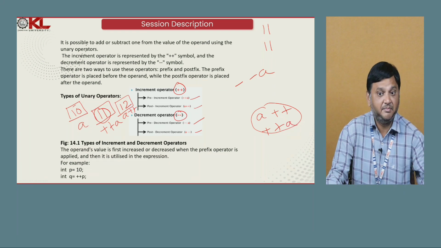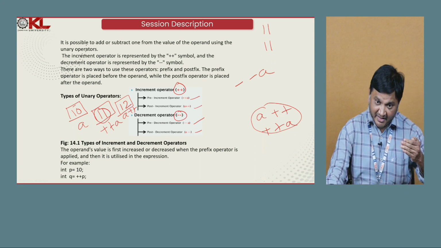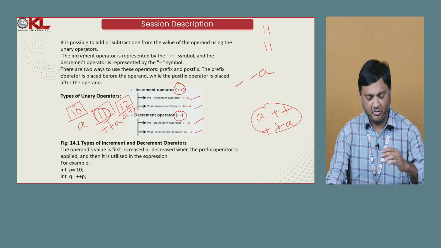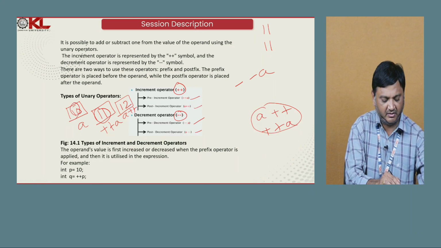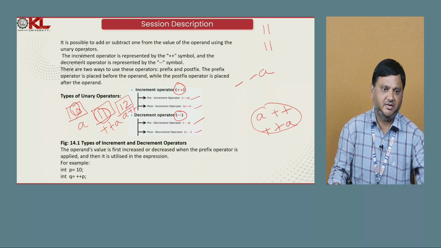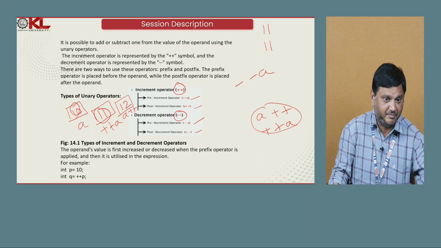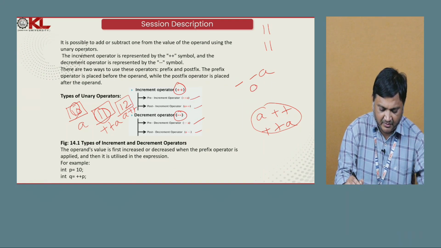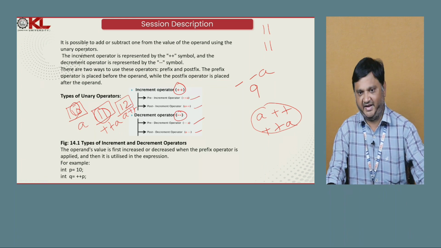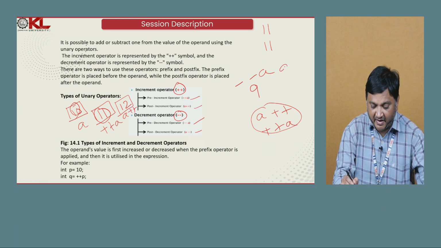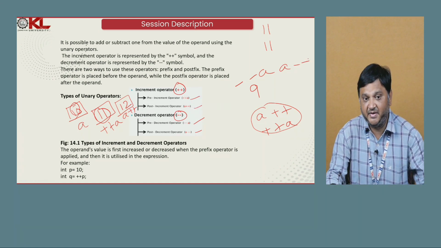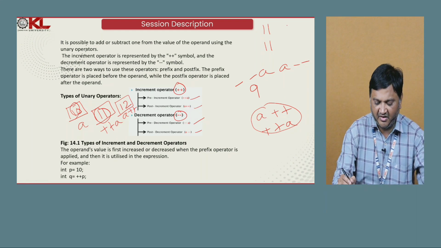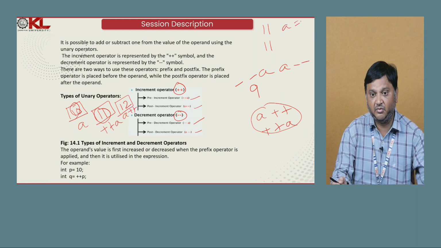Now what do you mean by pre-decrement? First decrement the value by 1 and then print. What is the a value you got? 10 in the memory. Now decrement it by 1, so 9. So first it decrements and prints, the value will be 9. Now what is a minus minus? In the memory, first it prints the value on the screen.